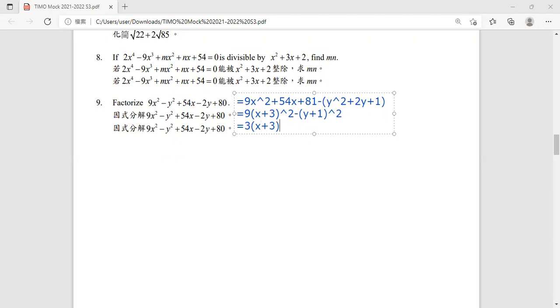So which means that it becomes the first one here, and the second one is something like this. After you simplify, just that simple.